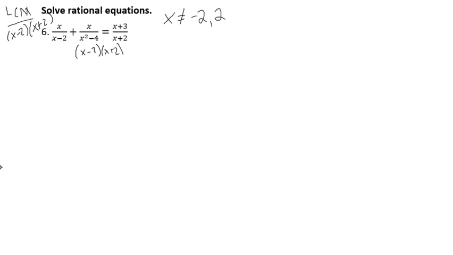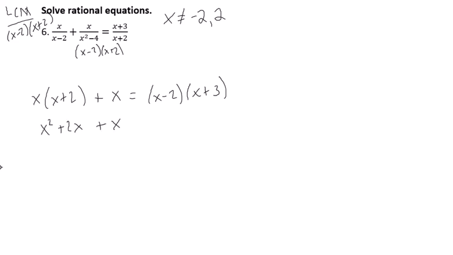Okay, so let's start by multiplying the LCM by each term. So then x minus 2 will cancel out, so we'll have x times x plus 2, plus cancels out everything, leaving just the x. X plus 2 cancels out, leaving x minus 2 times x plus 3. All right, distribute, we get x squared plus 2x plus x equals FOIL.